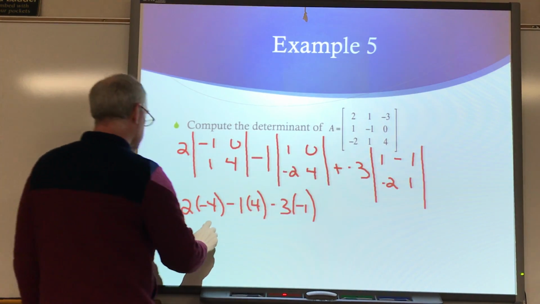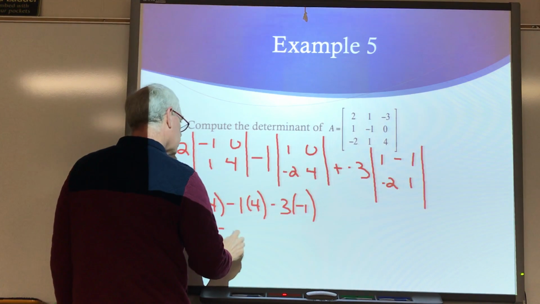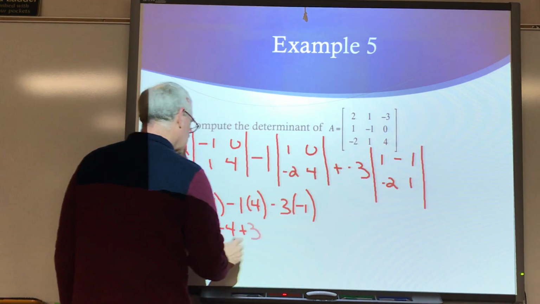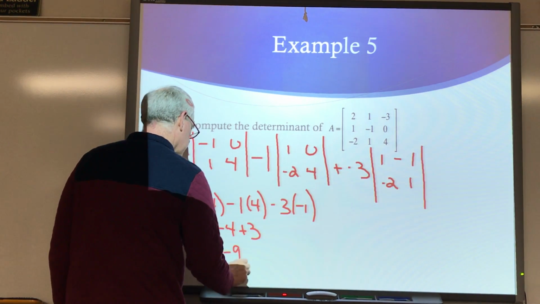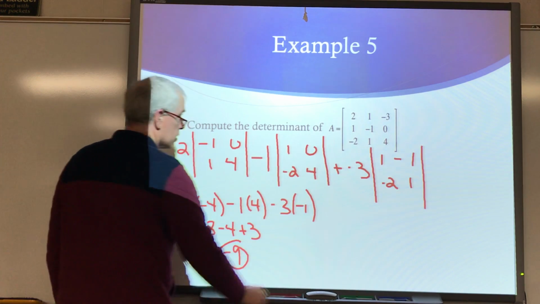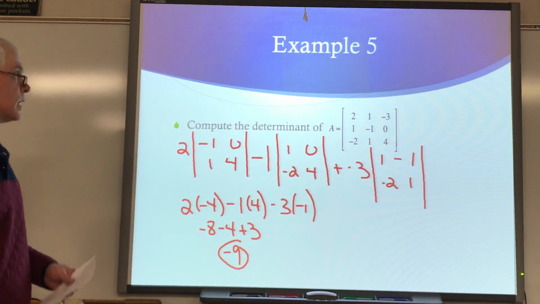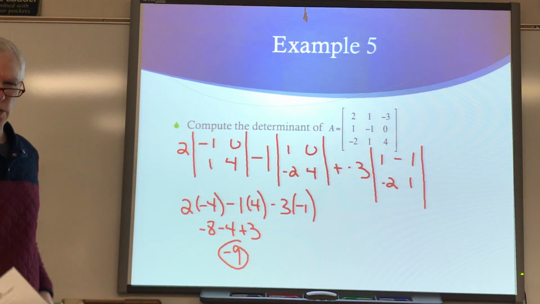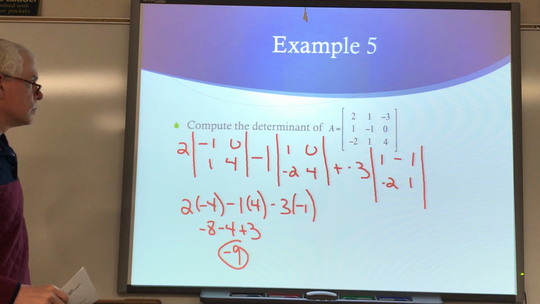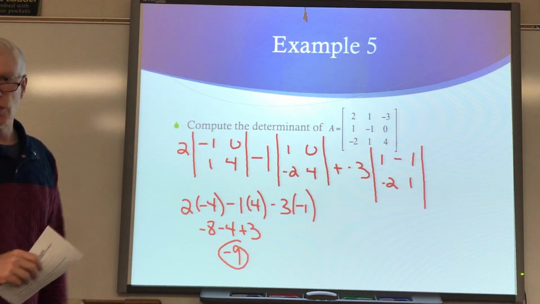So I get negative 8 minus 4 plus 3, which is negative 9. Negative 9 is the determinant of that 3 by 3. And we can do this on the calculator as well, and I'm going to show you that down the road too. But that's how I would do it by hand.